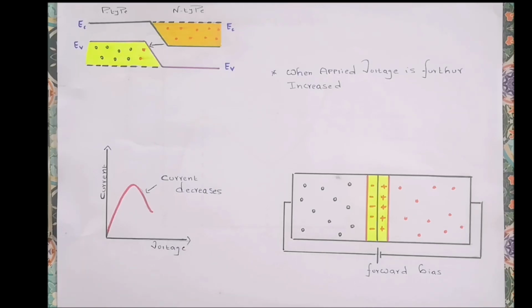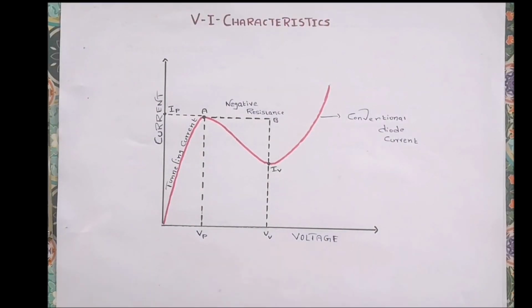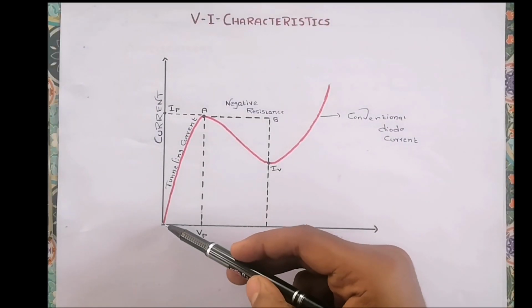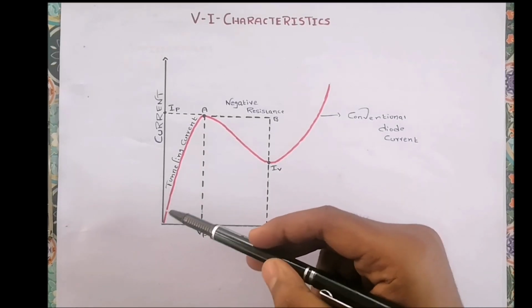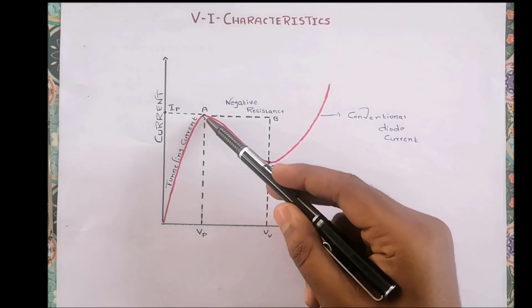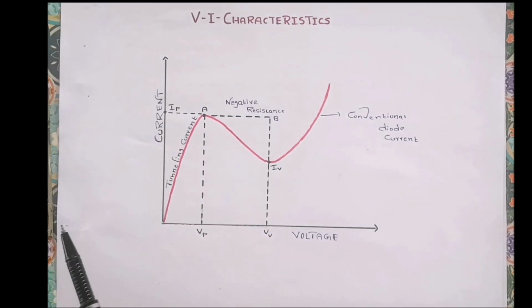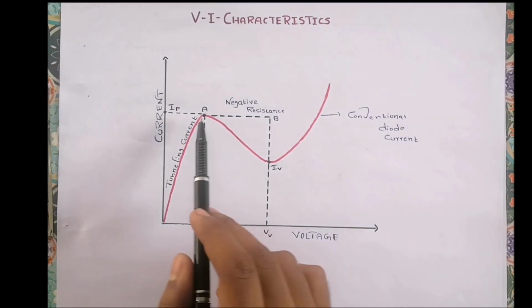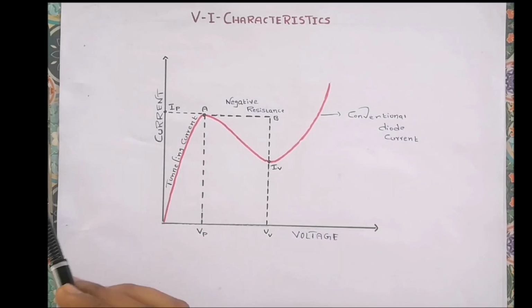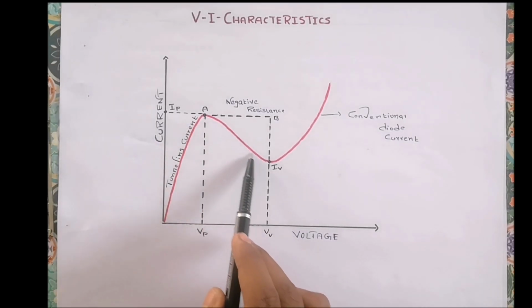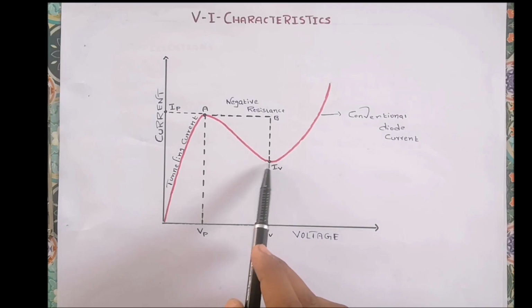Now let us see the VI characteristic graph of the tunnel diode. So see here, at first if we keep increasing the forward biasing voltage, then the current increases to its peak point value, which I represented as IP. And when we keep increasing the voltage after this peak point voltage, then the diode current starts decreasing till it reaches its minimum value called the valley point.